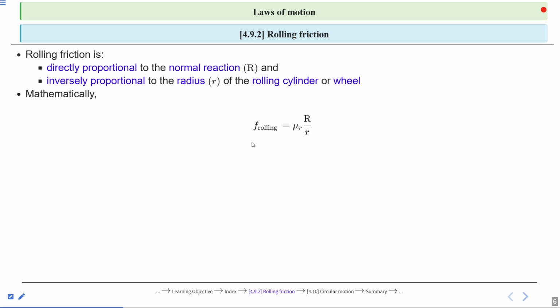Here capital R is the normal reaction and small r is the radius of any rolling object like a cylinder or a wheel. And mu r is the coefficient; mu r is called the coefficient of rolling friction.